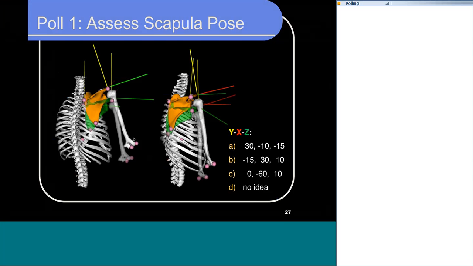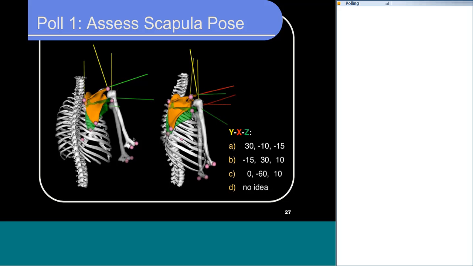Now we'd like you all to do an exercise. In this slide, we have the initial position in green and the final position in orange of the scapula during the shoulder shrug we just observed. The scapula local coordinate system, as AJ just described, was defined according to the ISB recommendations. The x-axis points forward, the y-axis upward, and the z-axis medial-lateral to the right.